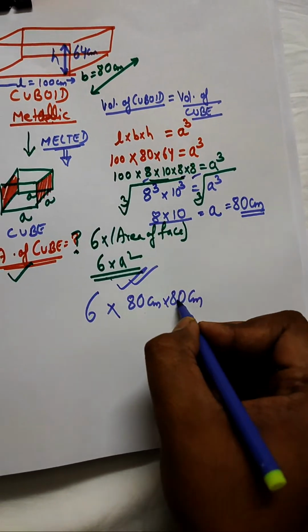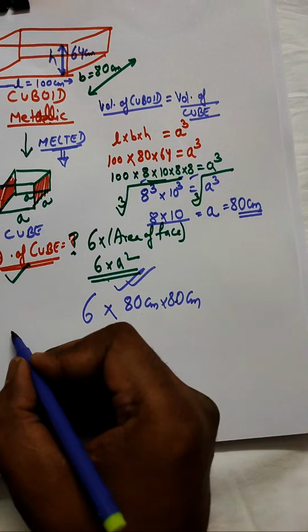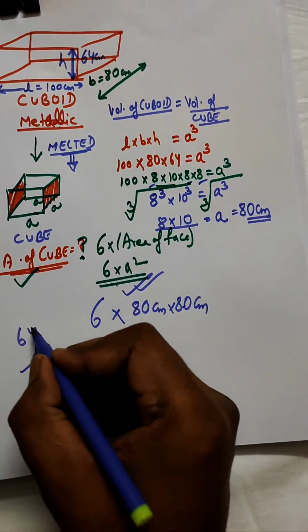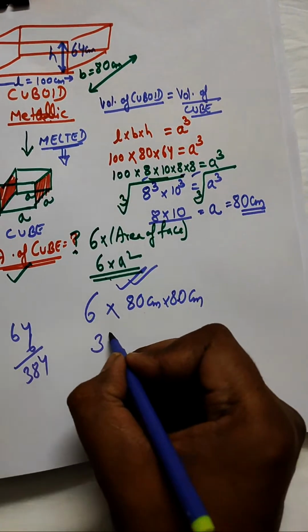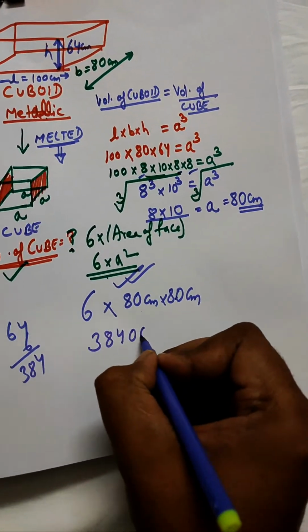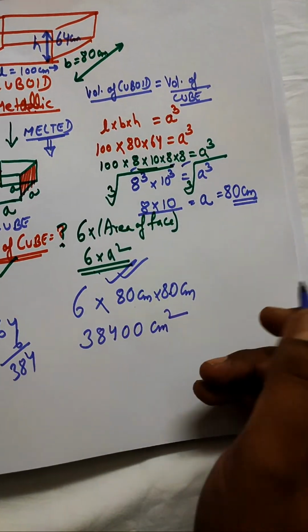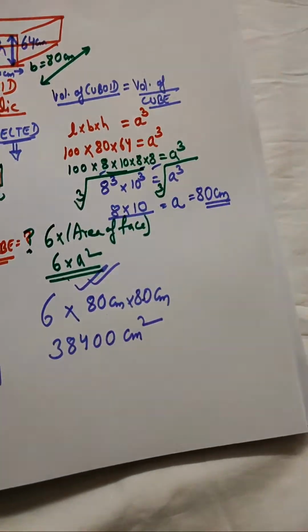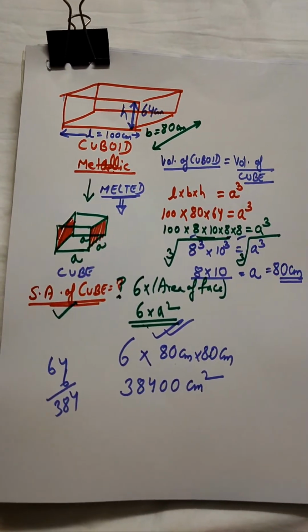So just multiply it. 64 into 6, 384. So we are getting 38400 centimeter square as the surface area of cube.